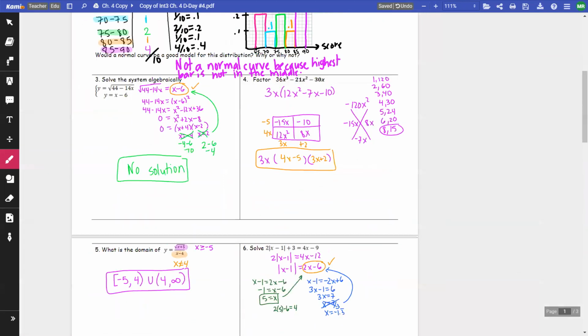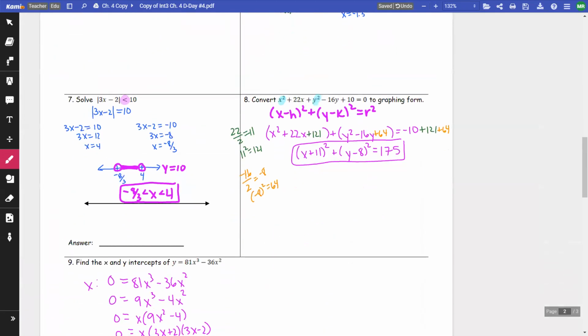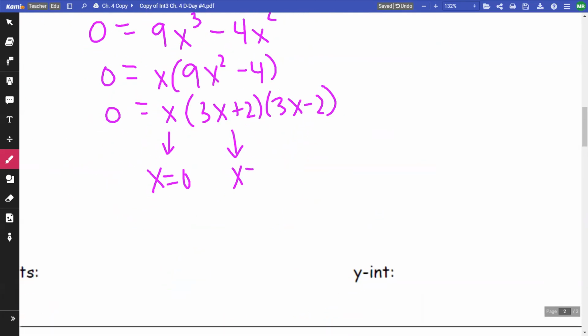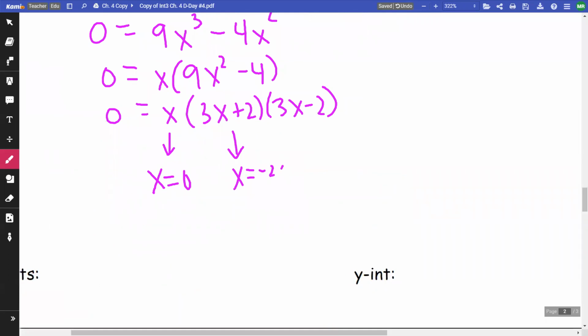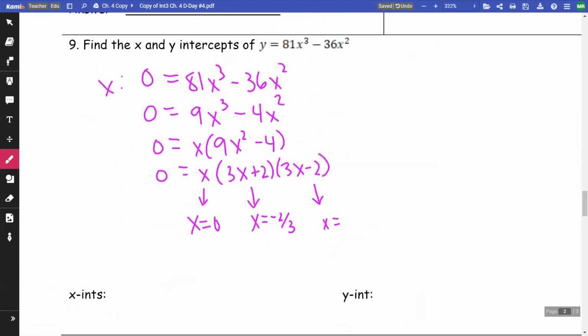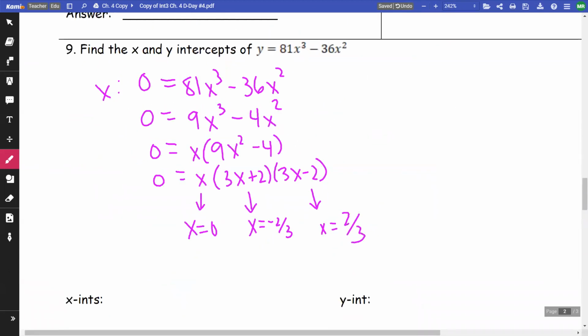Sorry, I don't have my computer in the place I normally have it. -2/3. And x is going to equal +2/3. So that's my x-intercepts. 0, -2/3, +2/3.